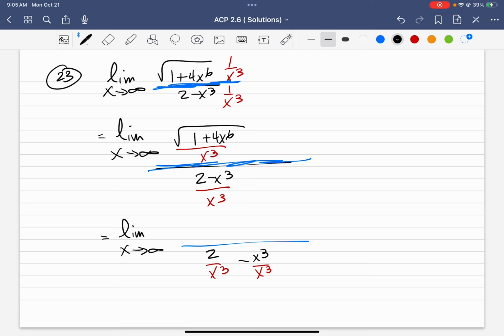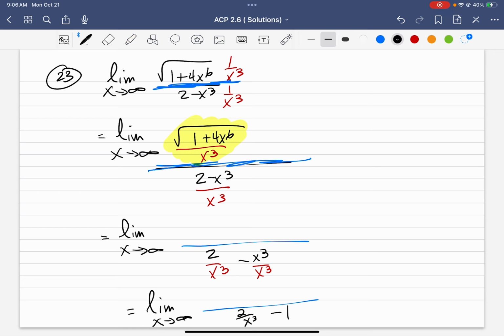That makes me really happy because the bottom is going to turn out to be just 2 over x cubed minus 1, right? But on the top, now we really need to think about this.